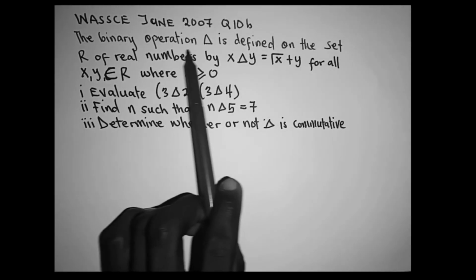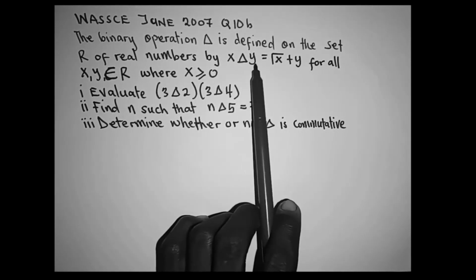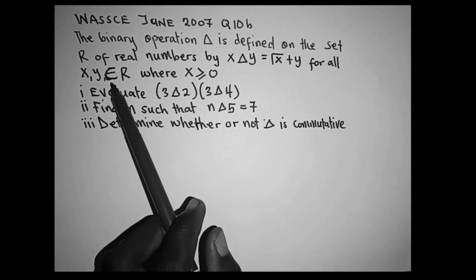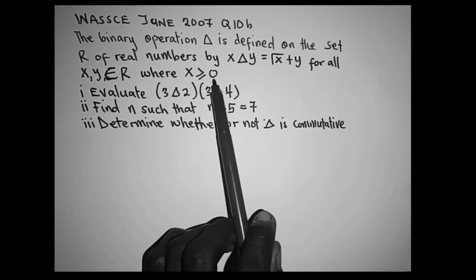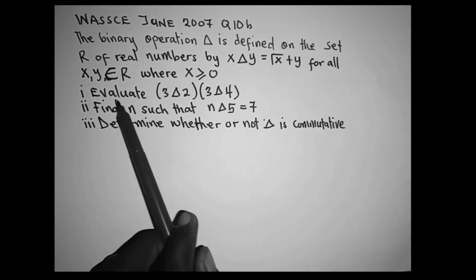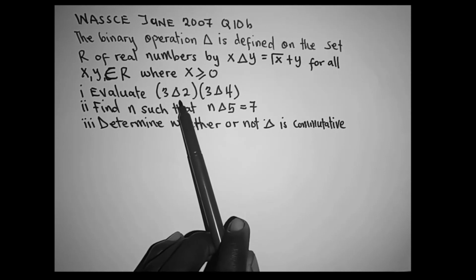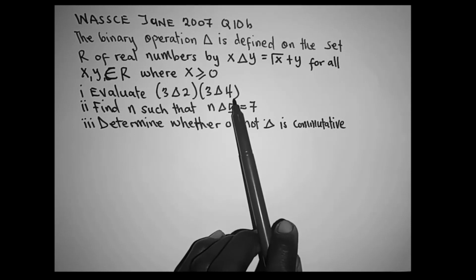The binary operation is defined on the set of real numbers by x operation y equals root x plus y, for all x and y which are real numbers, where x is greater than or equal to 0. The first task is to evaluate 3 operation 2 times 3 operation 4.